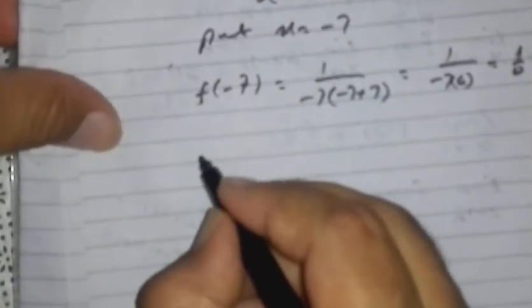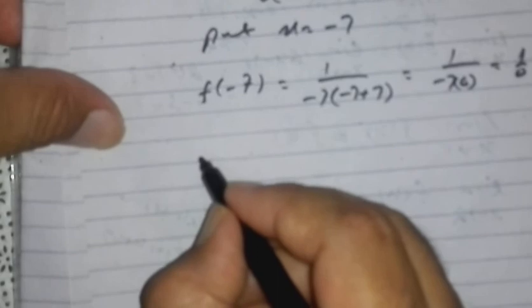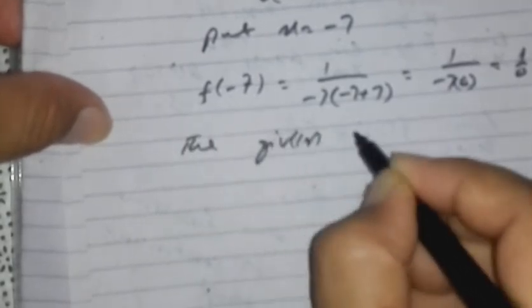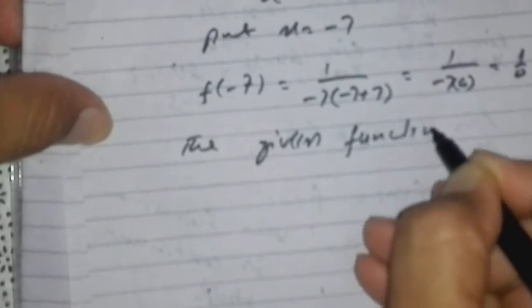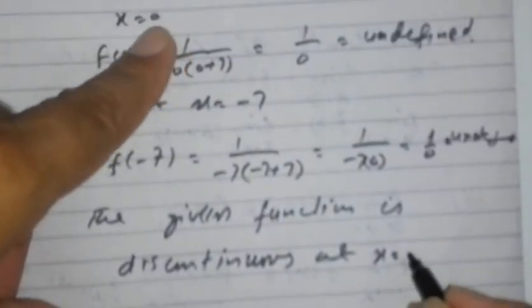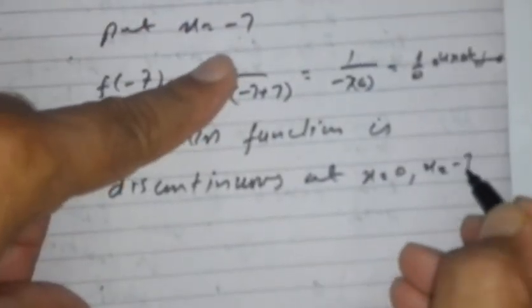So the given function is discontinuous at x equals 0 and x equals minus 7.